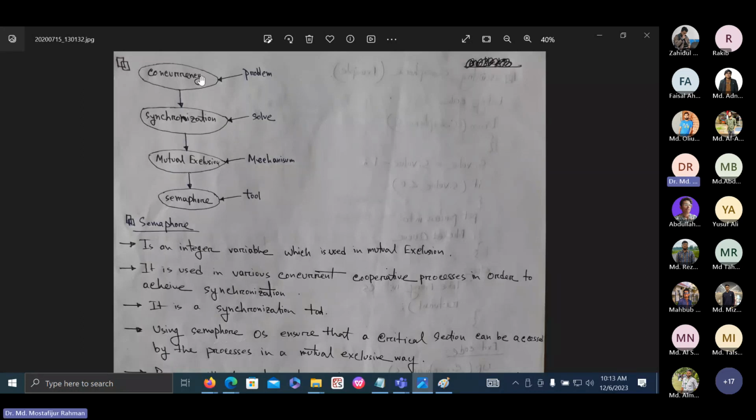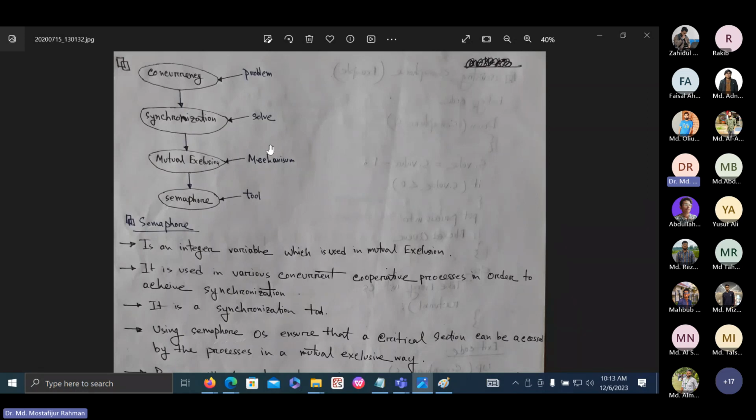So this figure must be in your head, in your brain. How can synchronization be established, how can we overcome the concurrency problem? Using a synchronization mechanism, a synchronization method. Inside the synchronization method, we can use mutual exclusion. There are others: message passing, monitoring, mutual exclusion.